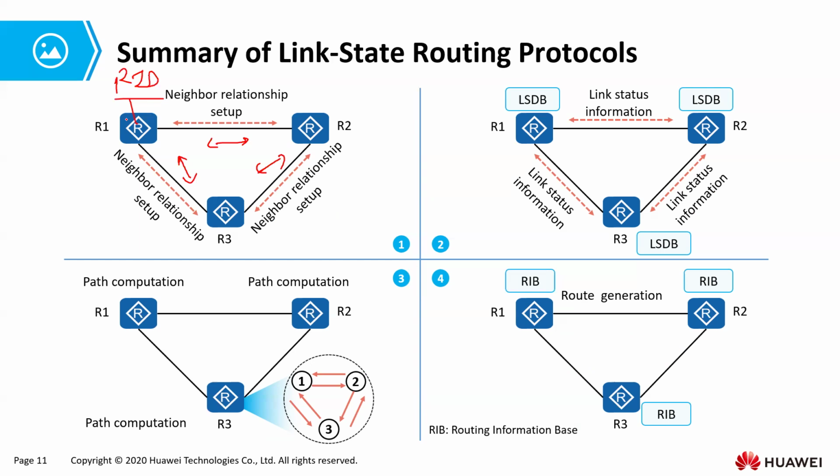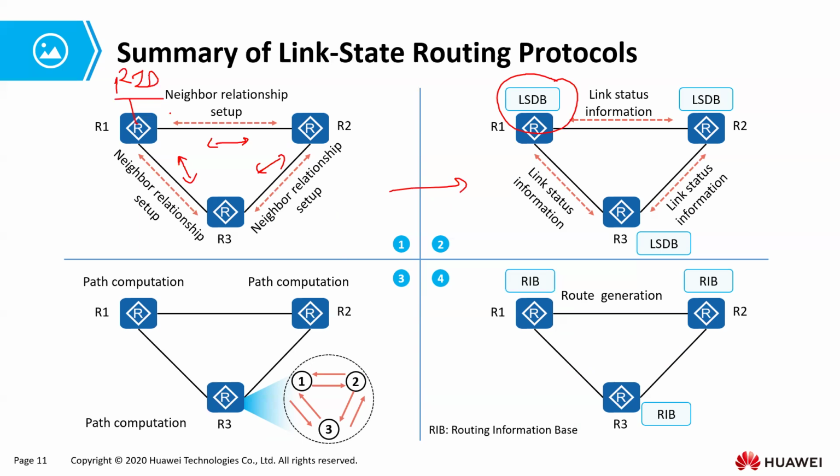Once my routers know each other, they now have a relationship. From there, they can now exchange my LSAs. They exchange my LSAs so that my LSDBs are synchronized, so that my databases are synchronized.